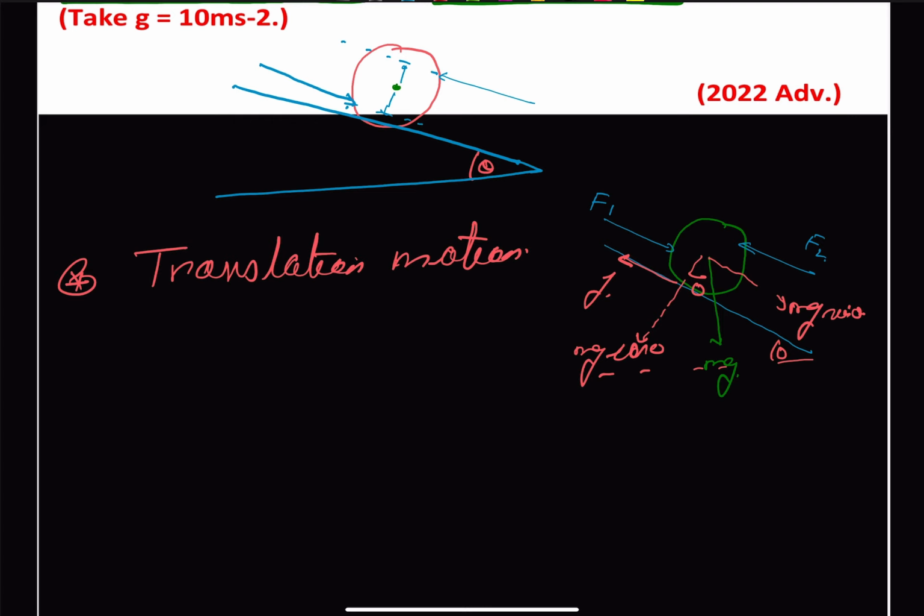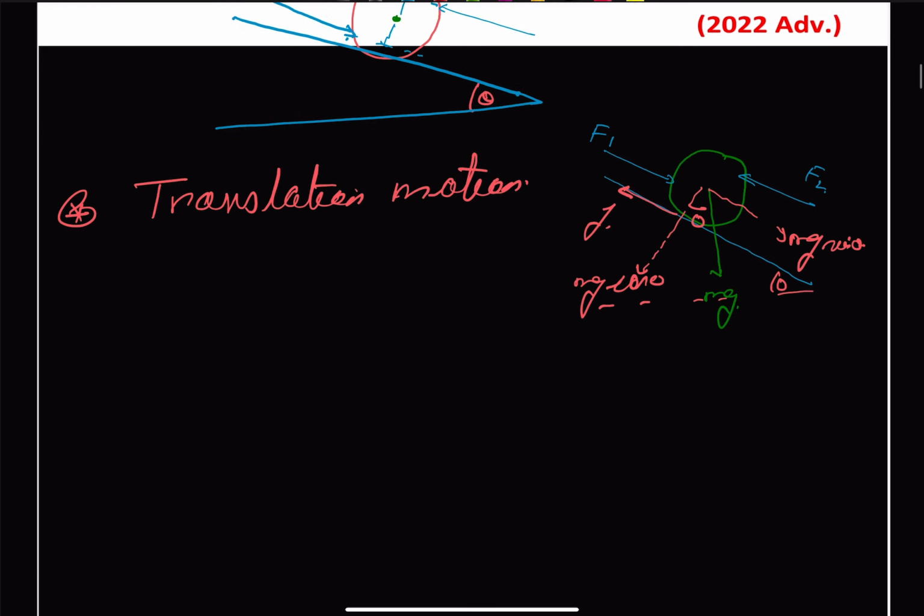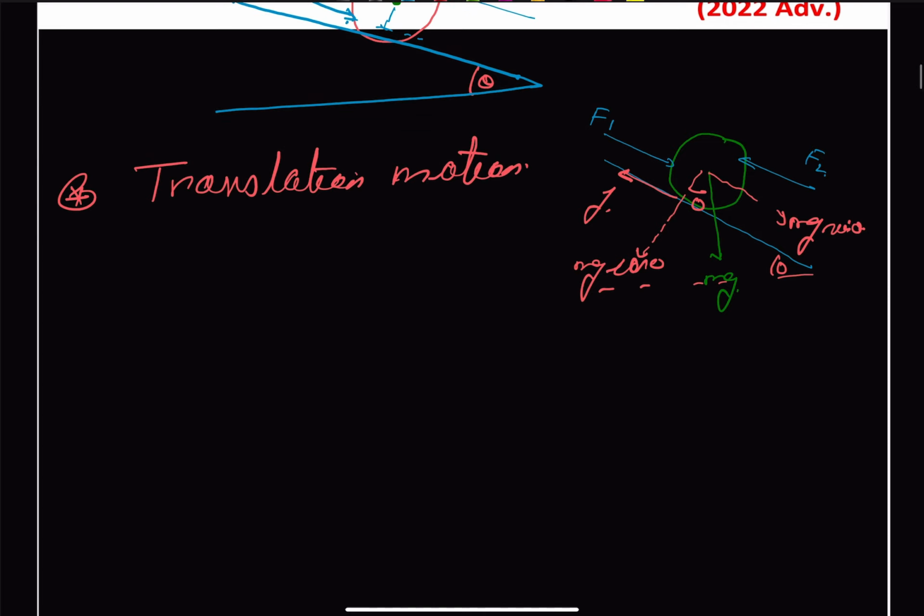Normal we are not going to consider in this case; that comes only because of the frictional part, but we can deal with it later. So we have translational motion along the inclined plane.